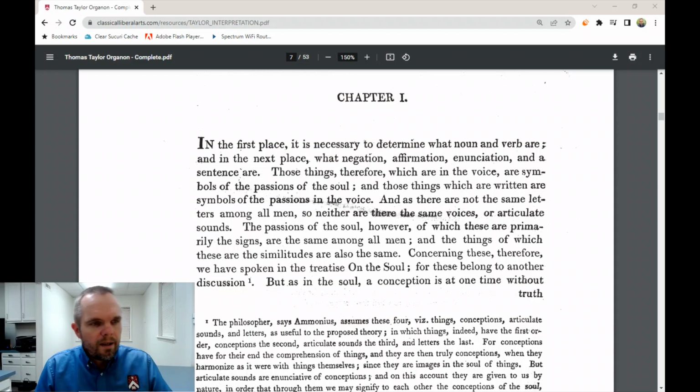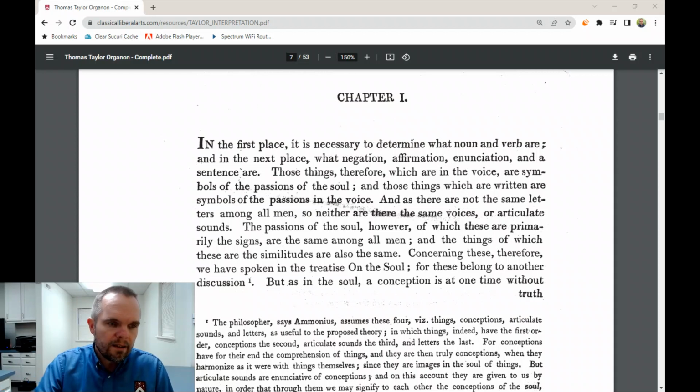And so in the first book, the categories, we have the study and classification of the simple conceptions or ideas of the mind. In the second book, on interpretation, we have the study of that act or operation of the mind whereby simple ideas are joined together to form enunciative statements or judgments that are either true or false.